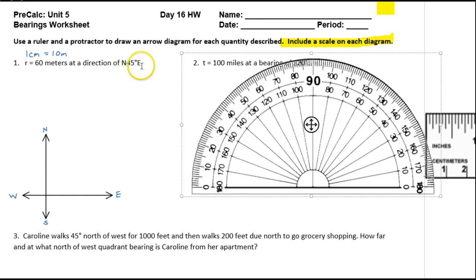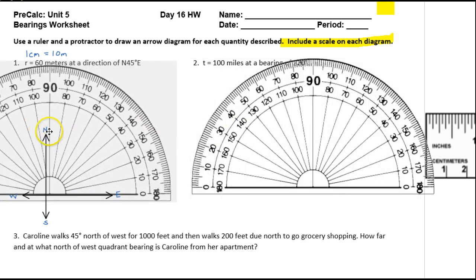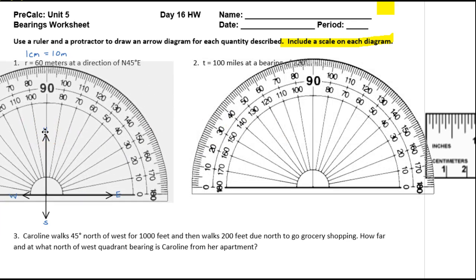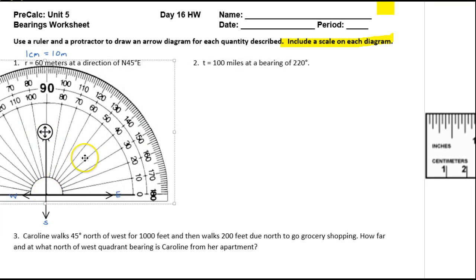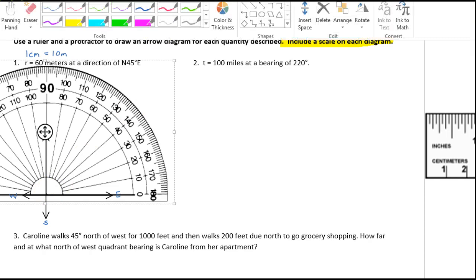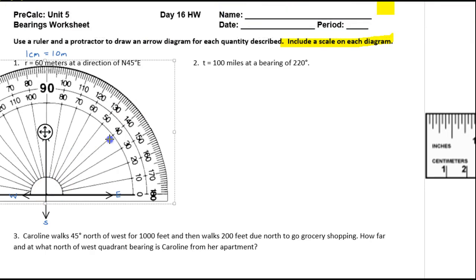Okay, now north 45 degrees east means start at north and then rotate 45 degrees in the direction of east. So if I put my protractor right at the origin, then I can easily see where 45 degrees to the east is going to be.